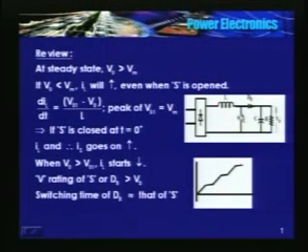when I open the switch, voltage across the inductor is VO1 minus VO, because diode DB is conducting, VO1 minus VO. So this should be negative. It can happen only when VO1 is higher than VO.